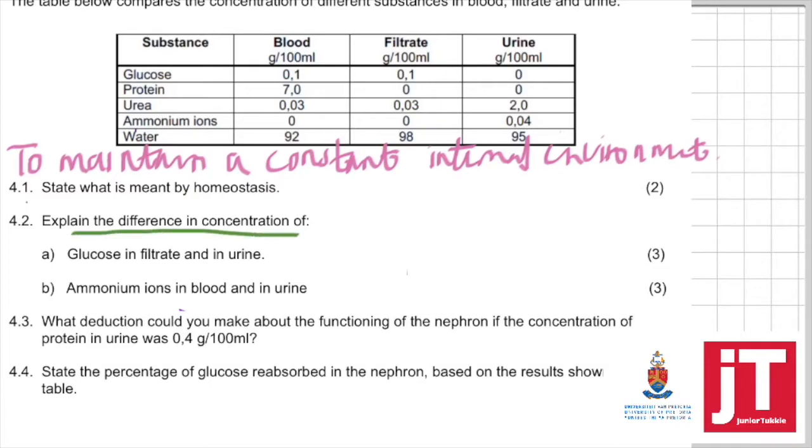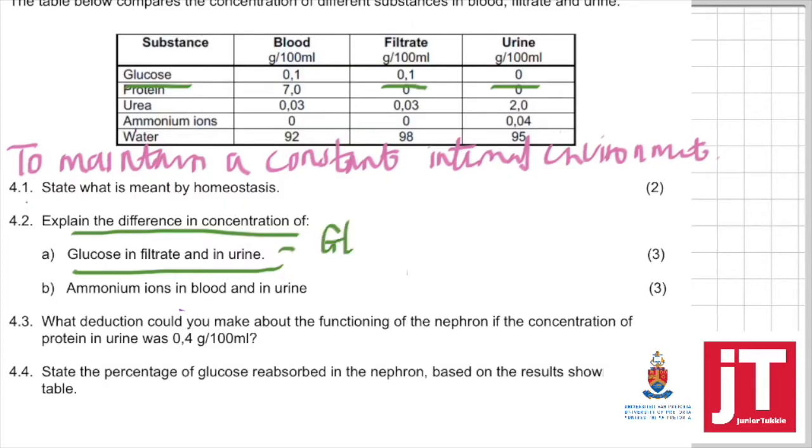explain the difference in the concentration of glucose in the filtrate and the urine. So let's look at glucose in the table, and in the filtrate there's 0.1 and in the urine there's 0. So they ask you to explain why.